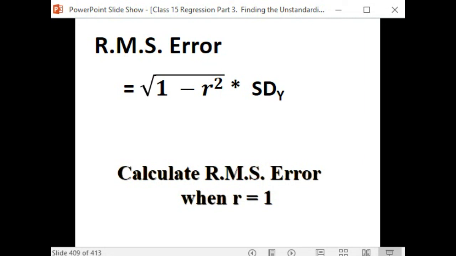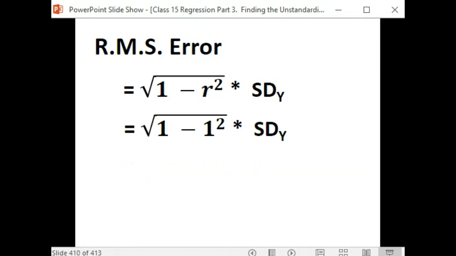Okay, now let's go ahead and I'll show you what the answer is. By the way, the answer is 0. How do we get that? Well, first of all, if r equals 1, we plug that in place of r in the formula. So we get 1 minus 1 squared, and then we take that square root and multiply it times the standard deviation of y.